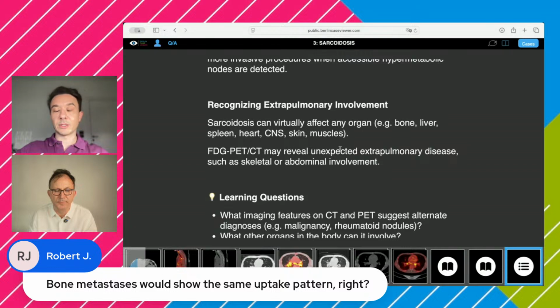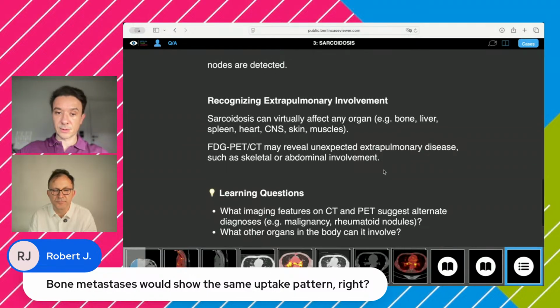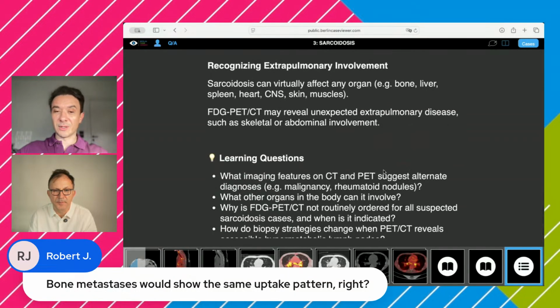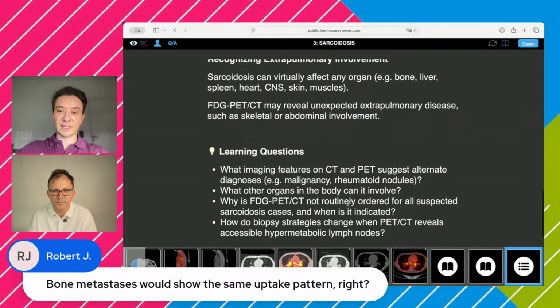I had another patient with numerous lesions in the skin, some showing uptake, some not. It was actually cutaneous sarcoidosis. In my opinion, you should always think of sarcoidosis in these cases, especially if you get referrals with unknown diagnosis, or the referring physician doesn't know what's going on with the patient. So just keep it in your mind.